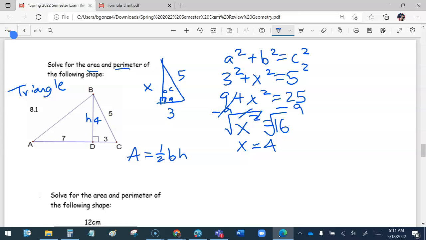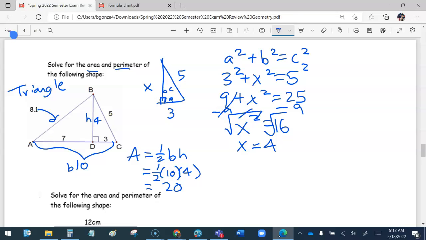What's B? Well, this whole bottom side, 7 plus 3 is 10. That's my B. So 1/2 times 10 times the height, which we saw is 4. When you multiply all that, you get 20 units squared, whatever the units are.